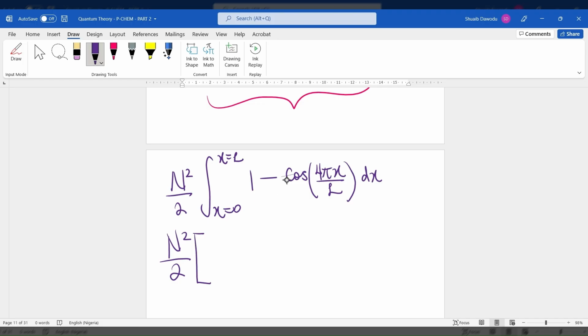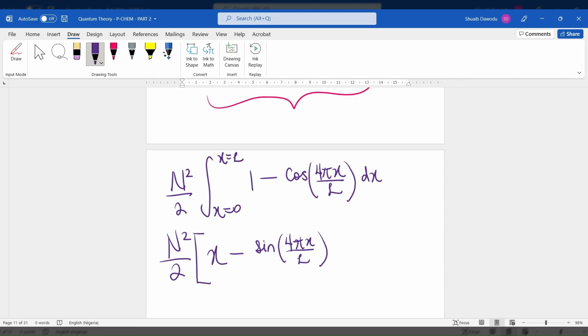When you integrate 1, you end up with x minus, and when you integrate cosine 4 pi x over L, you end up with sine 4 pi x over L. But then we are mathematicians as well. We know that if we integrate cosine x, we get sine x.